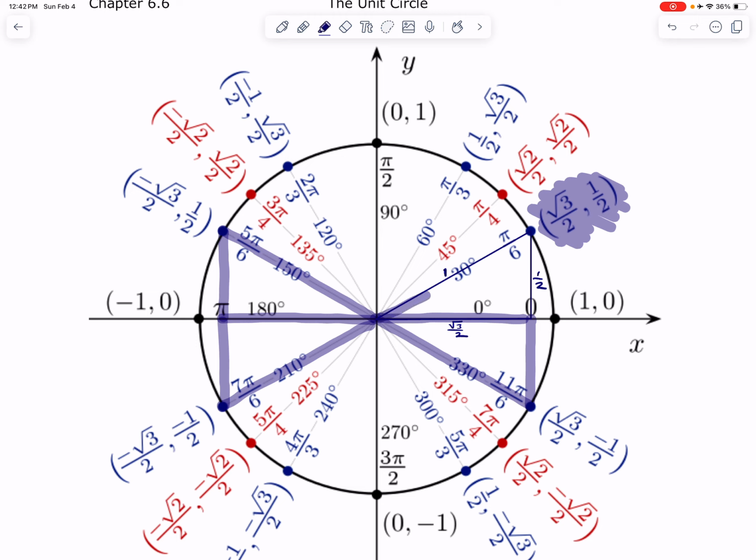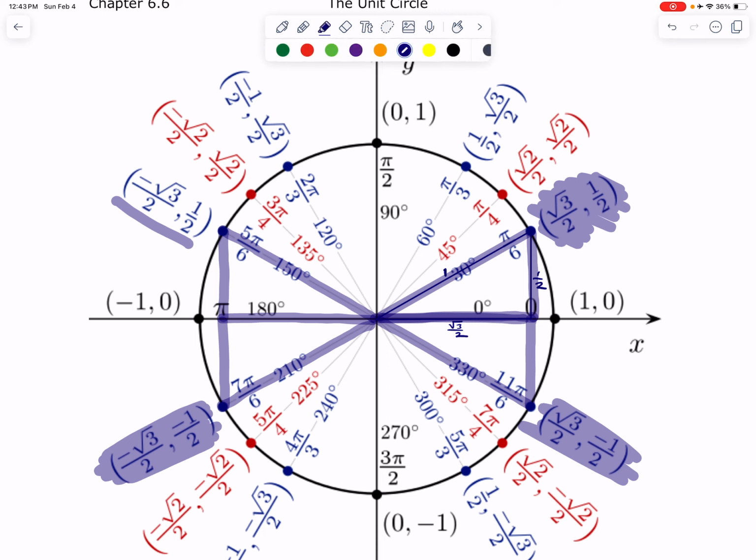In quadrant 2, I still have root 3 over 2, 1/2, but because I'm in quadrant 2, my x coordinate is negative. I get a negative square root of 3 over 2, positive 1/2. In quadrant 3, where both x and y need to be negative, we got negative square root of 3 over 2, negative 1/2. And in quadrant 4, where x is positive but y is negative, positive root 3 over 2, comma negative 1/2.